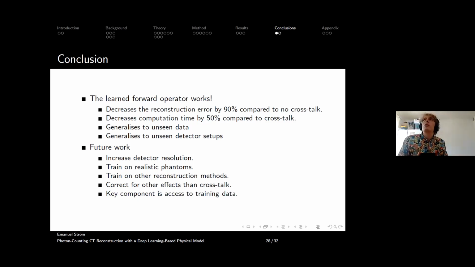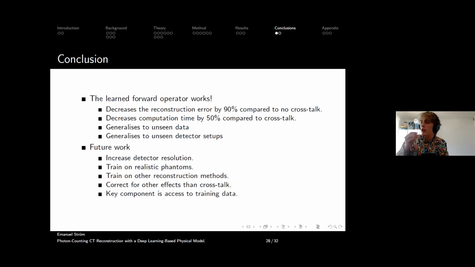So if you are someone who's got a lot of resources and you want to employ your own master's thesis student in applied mathematics, I think the key step that you want to prepare here is a lot of training data.